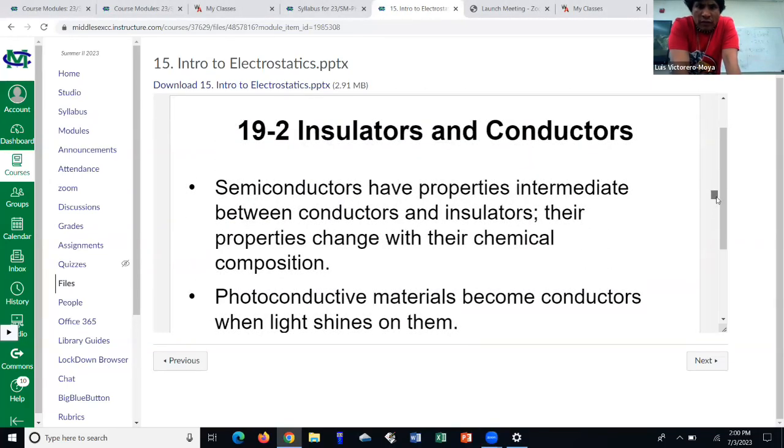There are also semiconductors, which basically have properties in between a conductor and an insulator. All right. This can be changed with their chemical composition. We're not going to be talking too much about this, but in circuits, sometimes it's useful to have semiconductors.